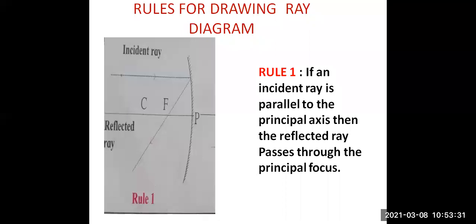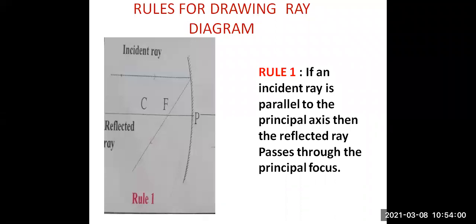So what is given? If an incident ray is parallel, you can see the incident ray, a ray which is having an arrow towards the mirror, is called the incident ray. You can see that this incident ray is parallel to the principal axis. This means that the incident ray and the reflected ray never meet each other. They are at a specified distance from each other.